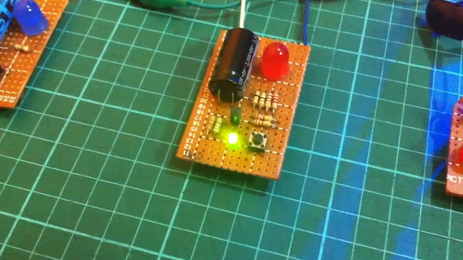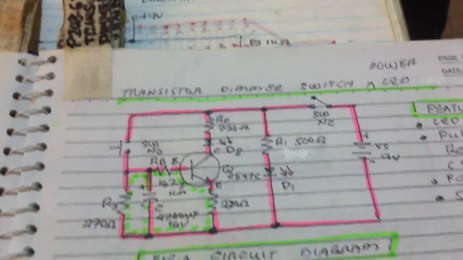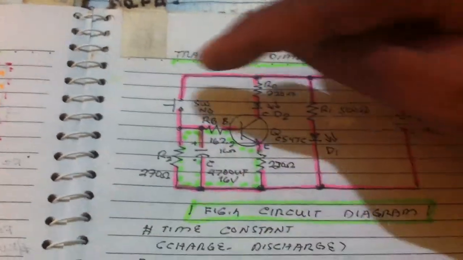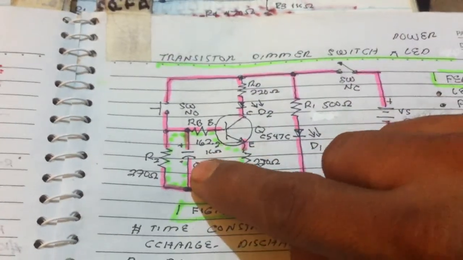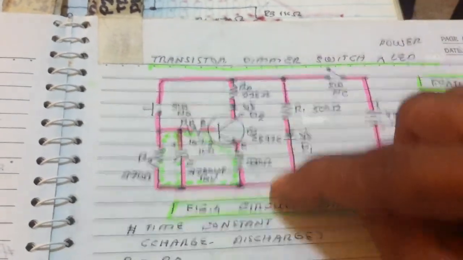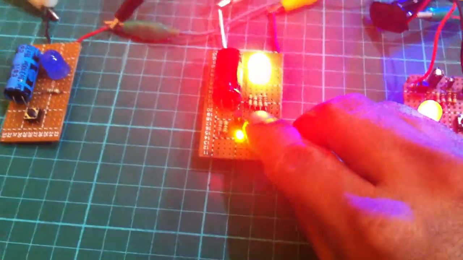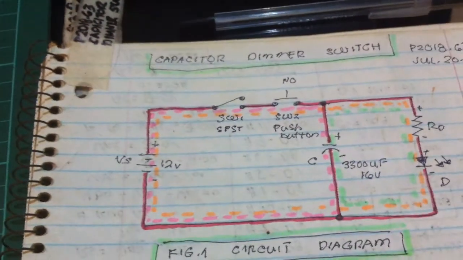Also in this circuit, we have a transistor dimmer switch. You push the button here, the capacitor is charging to the base, turning on the LED and slowly dimming it. That is the design. But in here we have this capacitor dimmer switch.